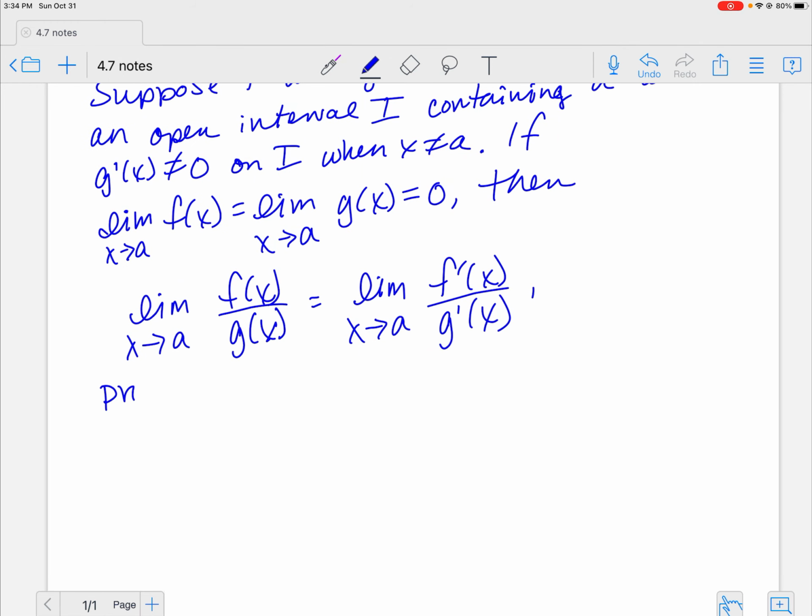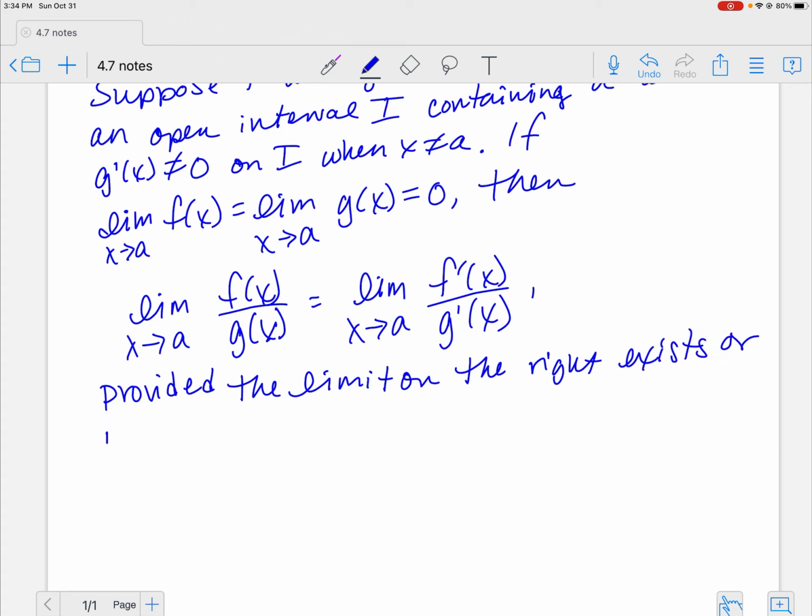Provided the limit on the right exists or is positive or negative infinity.